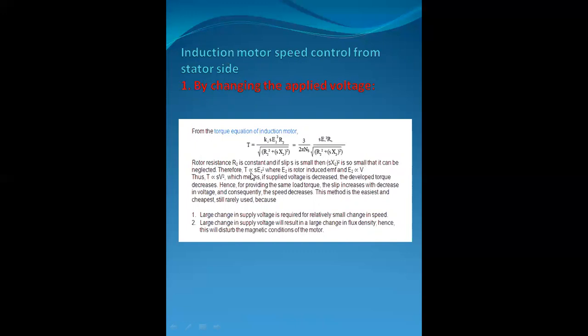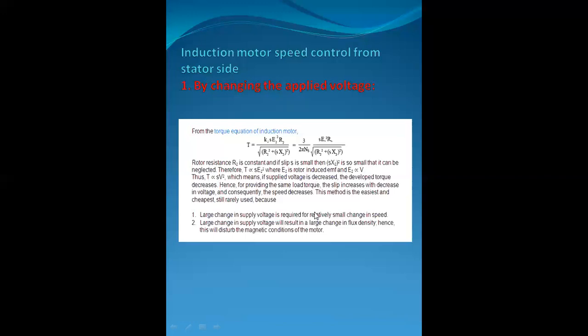Therefore, the torque becomes proportional to sE2², but E2 is the rotor induced EMF and E2 is proportional to V. Thus the torque becomes proportional to V², which means if the supply voltage is decreased, the developed torque is also decreased.